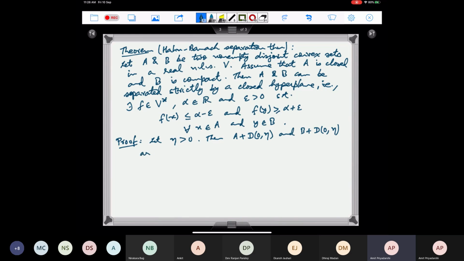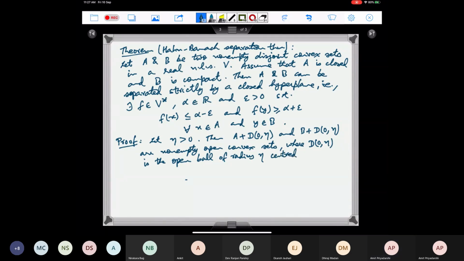Then these are non-empty open convex sets, where D0 eta is the open ball of radius eta centered at the origin.